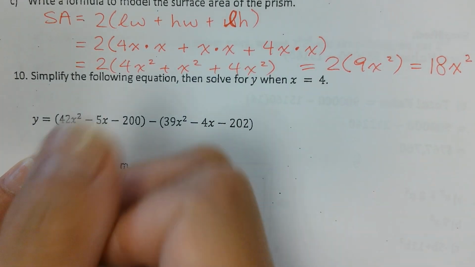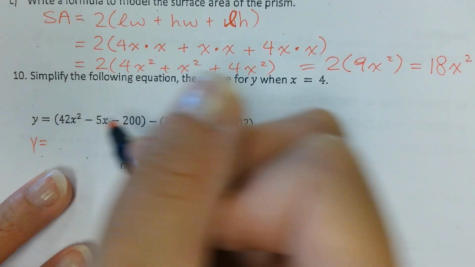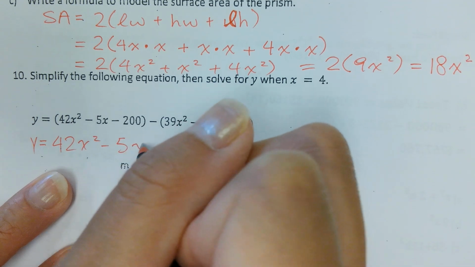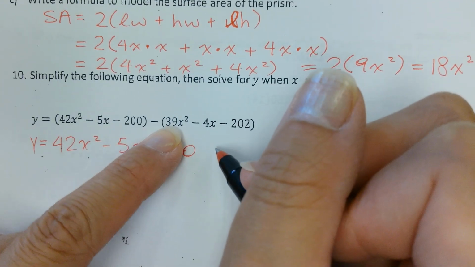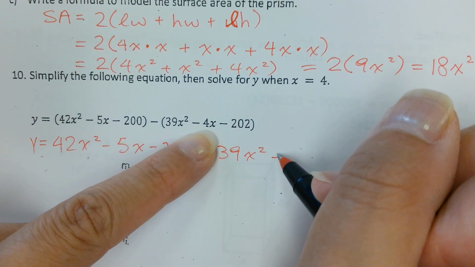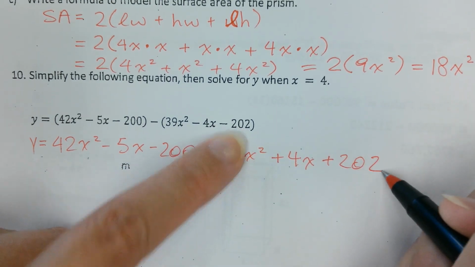So let's simplify it first. So y equals 42x squared minus 5x minus 200. Apply the signs. So negative 39x squared plus 4x plus 202.